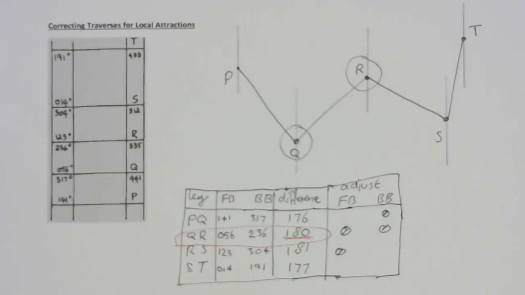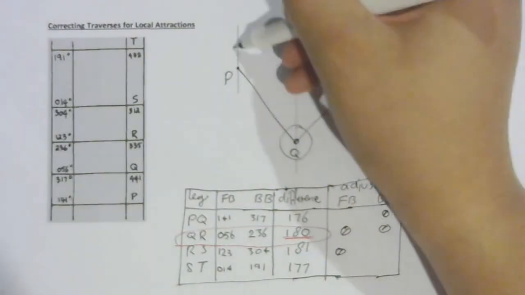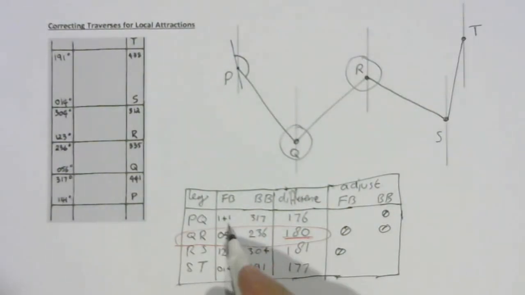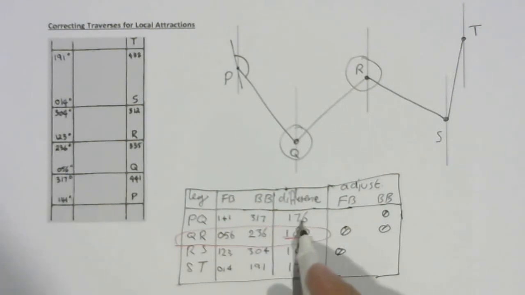So what else needs to be done? Well, what we can see is that if we can bring back the forward bearing from PQ, then it will fix this error. So if we make this angle slightly smaller, then this will become 137, and that will make the difference 180.